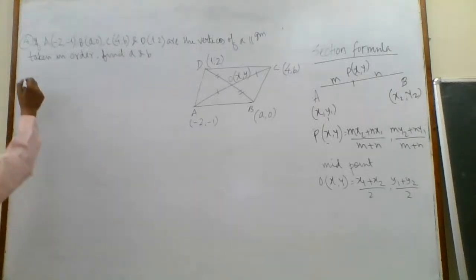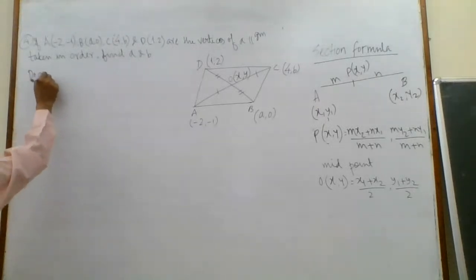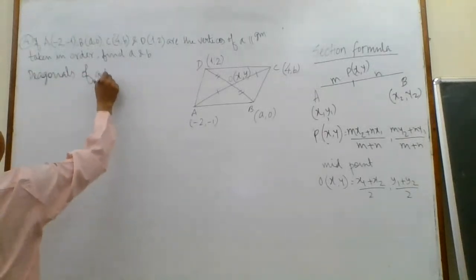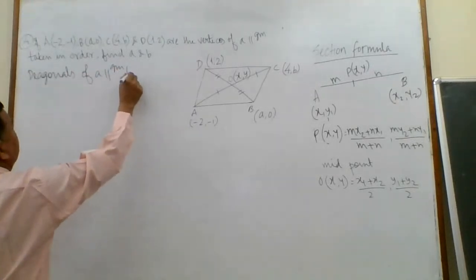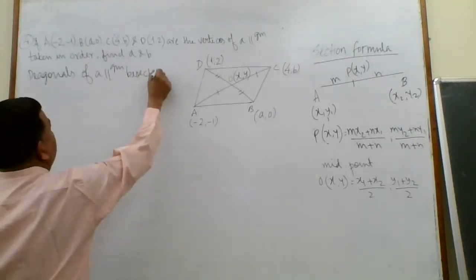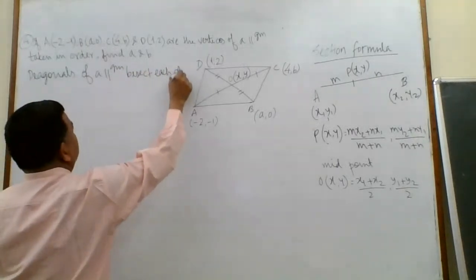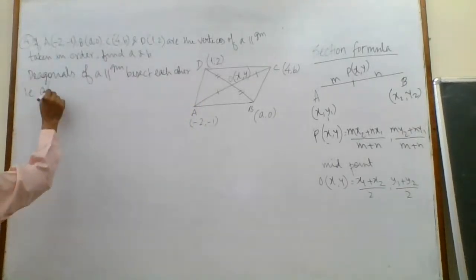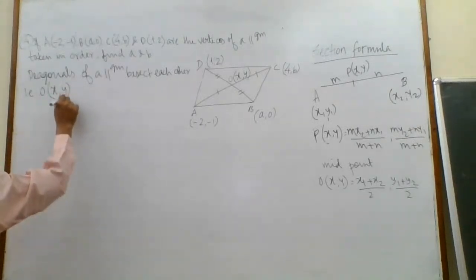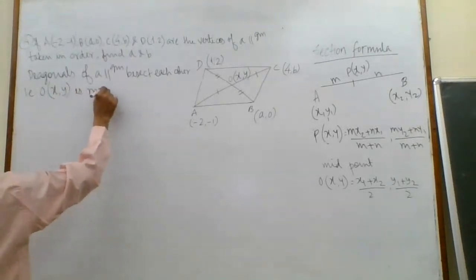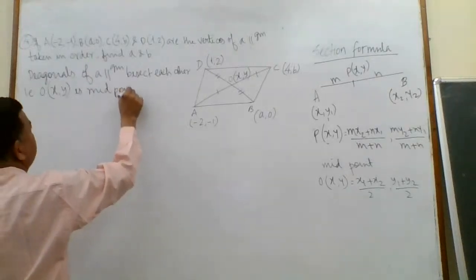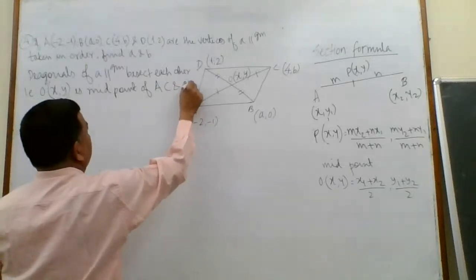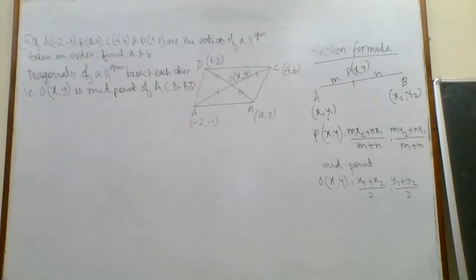We have to start with the property that we know, that the diagonals of a parallelogram bisect each other. Means what? That is O, which we assume to be (x, y), is the midpoint. Whose midpoint? Of AC as well as BD.